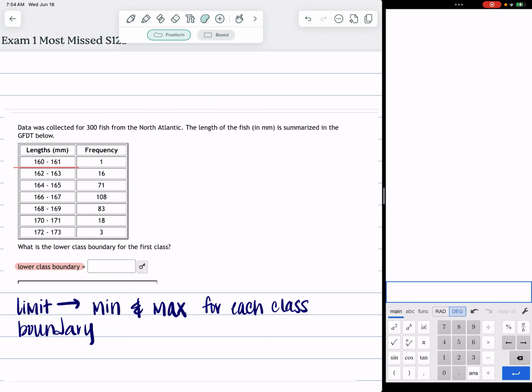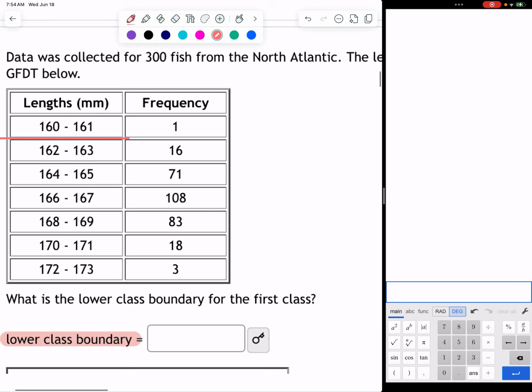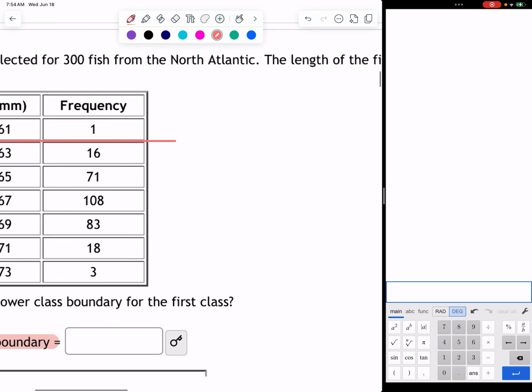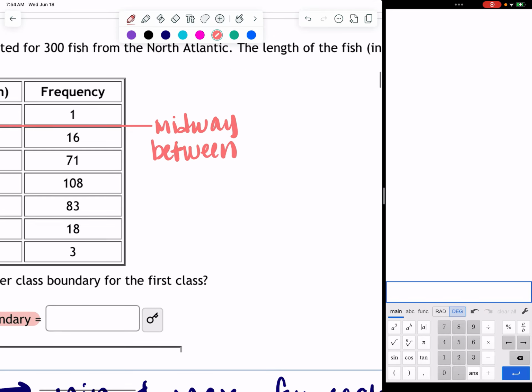The class boundary, in this case, would be midway between 161 and 162.